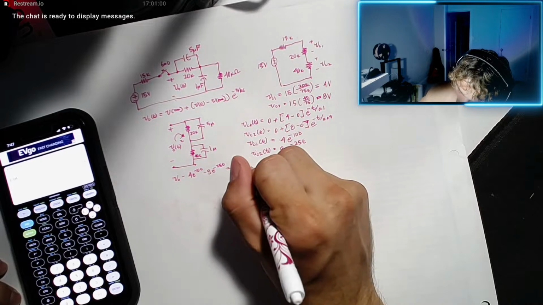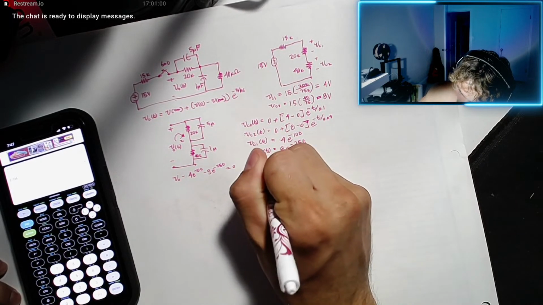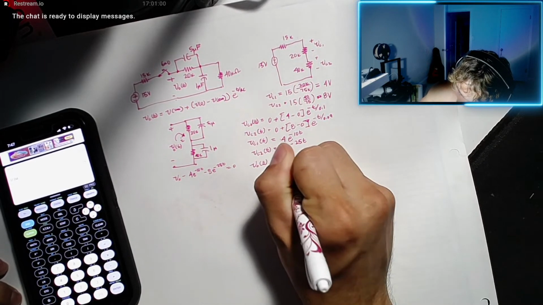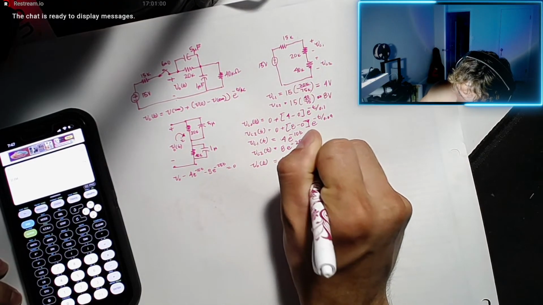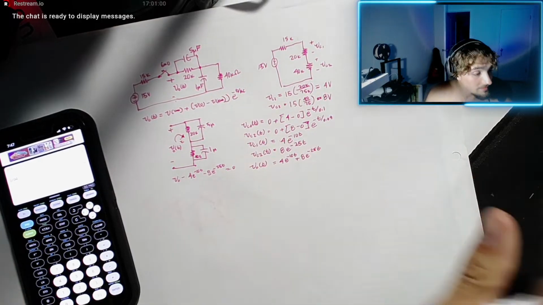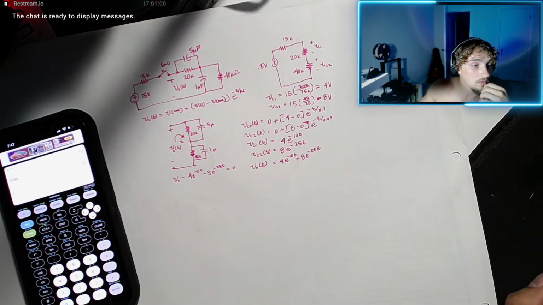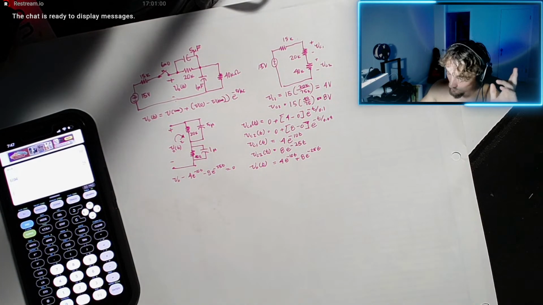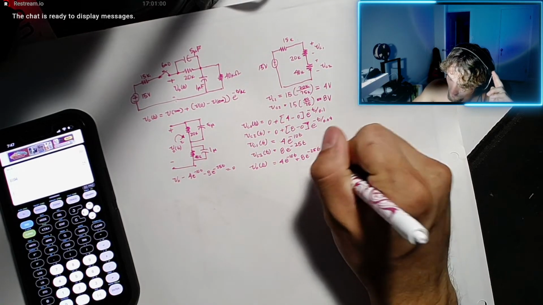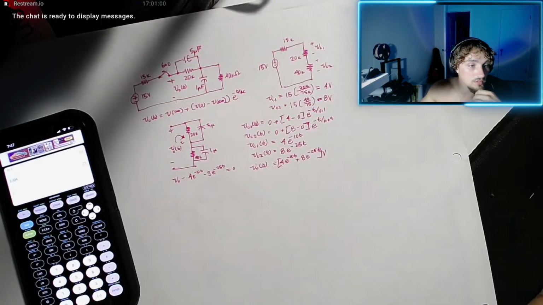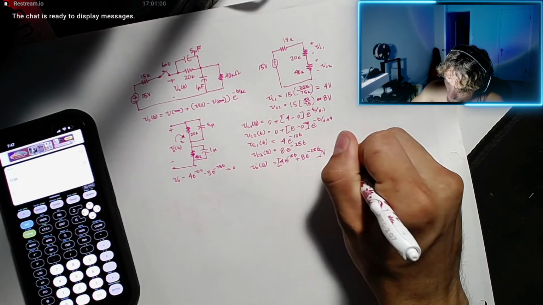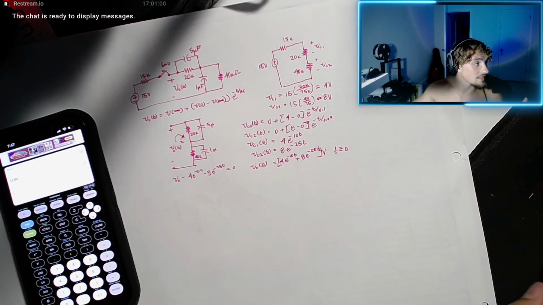Therefore, we can just say that v out of t equals 4e negative 10t plus 8e negative 25t, and that should be the result, in volts, for t greater than or equal to 0. Okay, just like that.